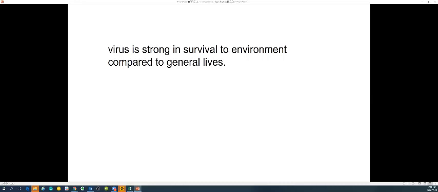Well, is this sentence really true? Virus is stronger than bacteria? What do you say? Virus is strong in survival in the environment compared to bacteria or lions. Do you agree? What makes you think this way?